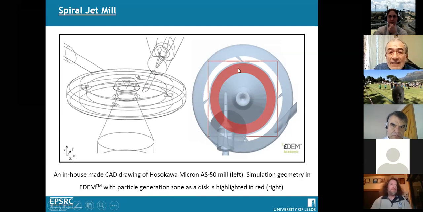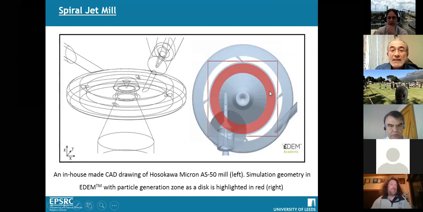What you see here as the red area is the area where we introduce the particles. This is our particle generating factory. We do not use the funnel for introducing the particles in this simulation, but we simulate the fluid flow which is induced by the high velocity jet and also through the funnel, because that air induction is quite significant.